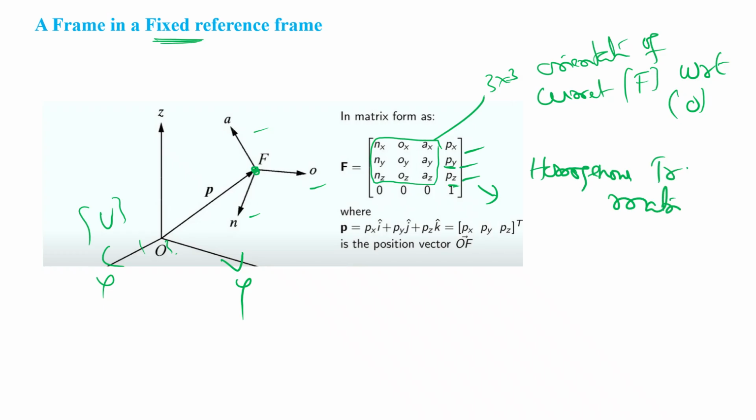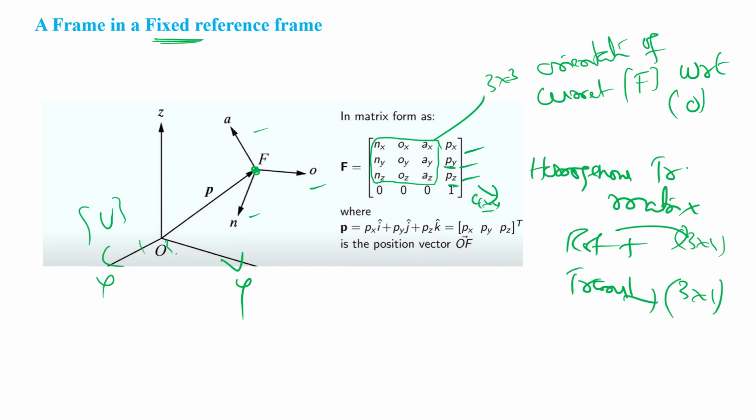Homogeneous, it is 4 cross 4. Transformation means it has rotation plus translation. This is my rotation part, which is 3 cross 3. The rotation matrix is 3 cross 3, translation is 3 cross 1. Altogether it gives you the transformation matrix.